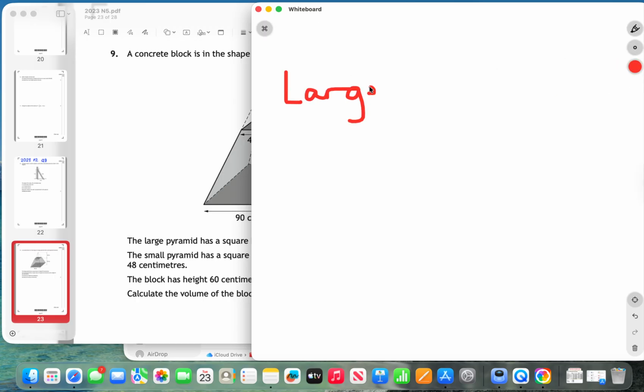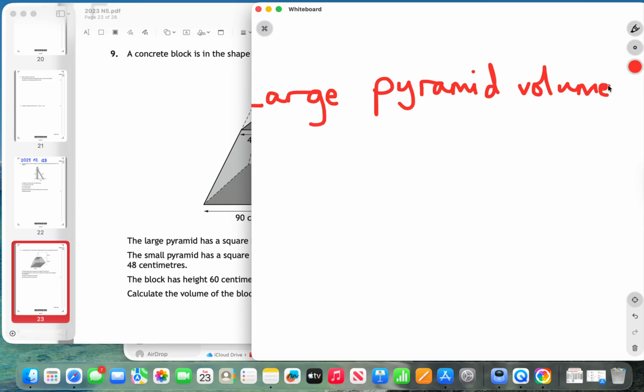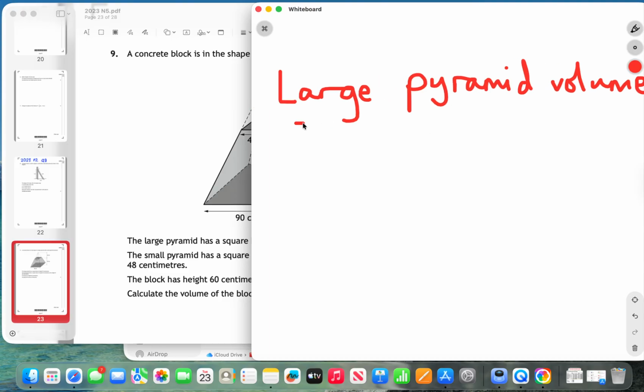We're going to refer to this as V1, so we can call it V1 for the rest of the question instead of having to write large pyramid again.